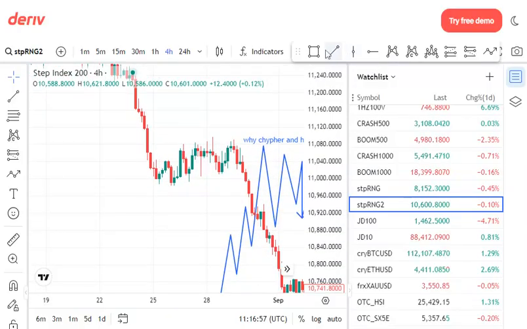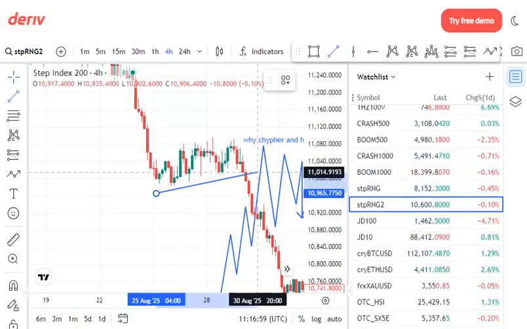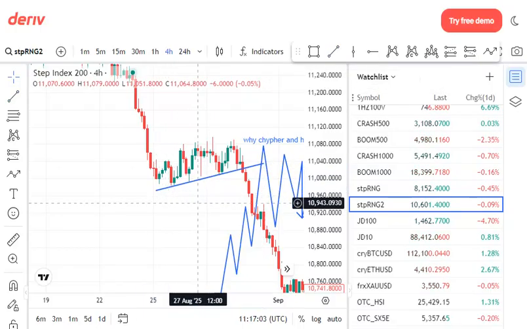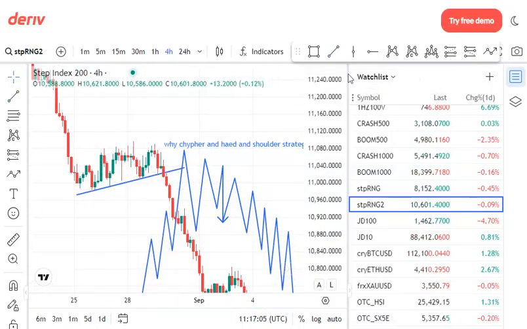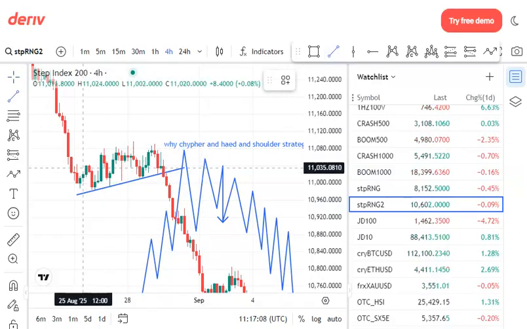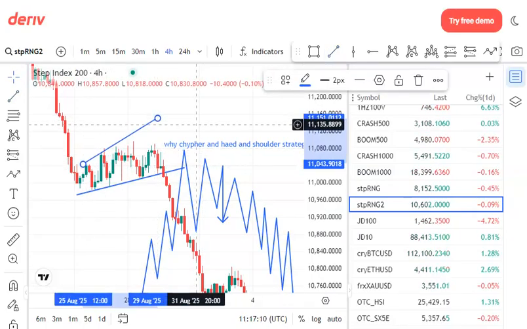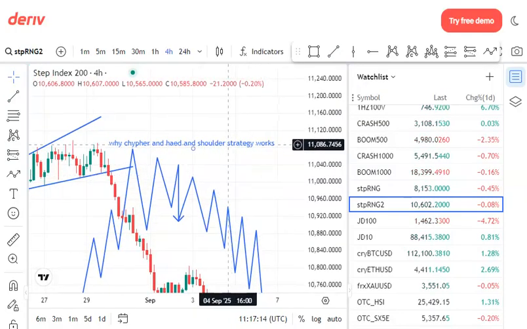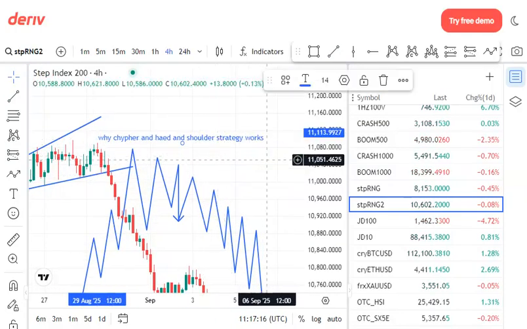But when it happens, you can always tell that it is happening because it is moving and it is about to go in a different direction. This, for instance, represents a head and shoulder strategy, but you need to add the cipher strategy to it in order for it to work.